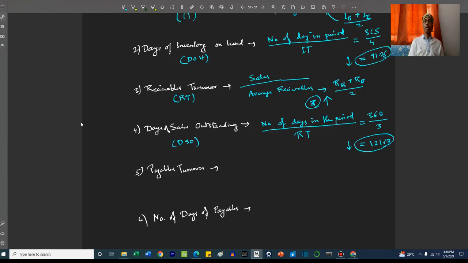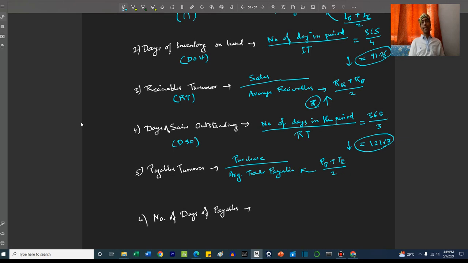Next is payables turnover. This is defined as the amount of purchases in the period divided by the average trade payables. What is the definition of average trade payables? It is basically the payables at the beginning of the period and payables at the end of the period divided by 2.